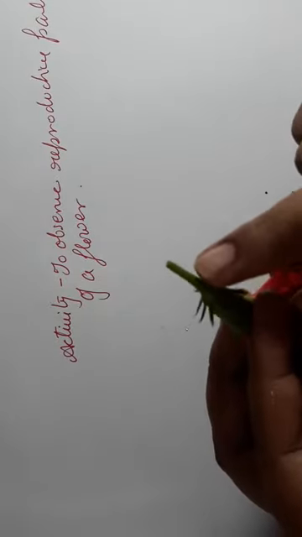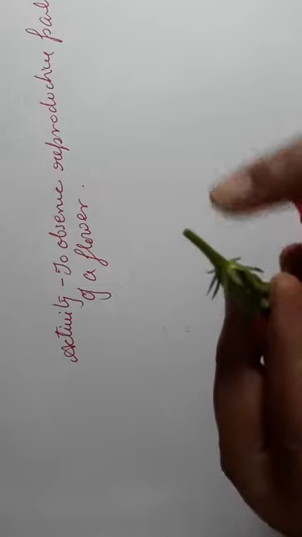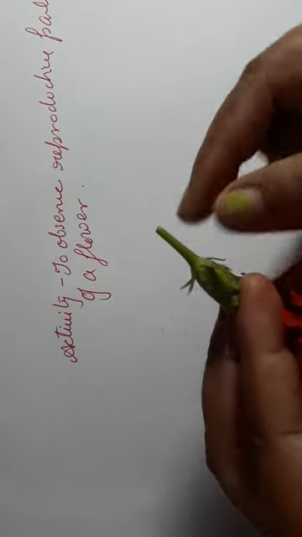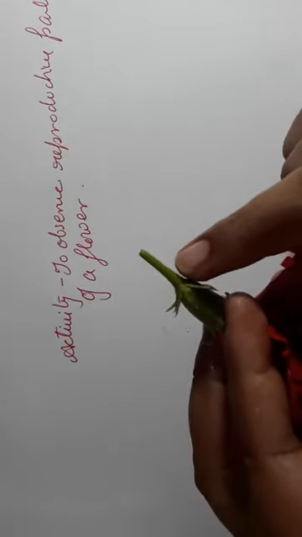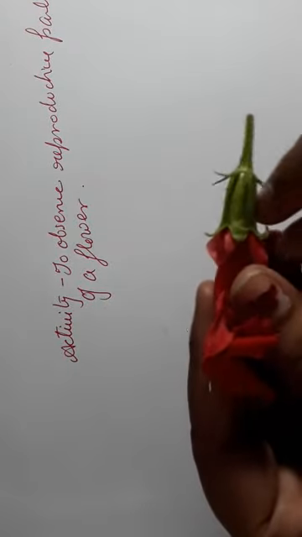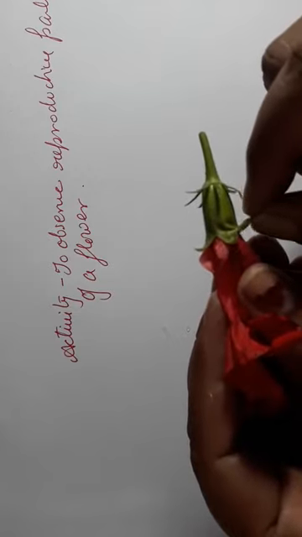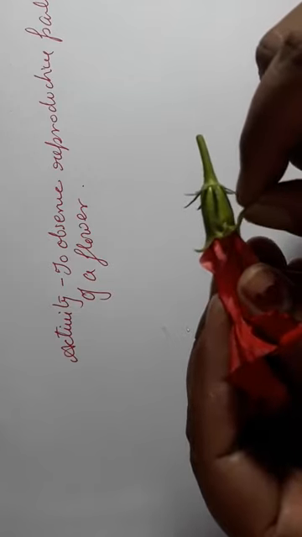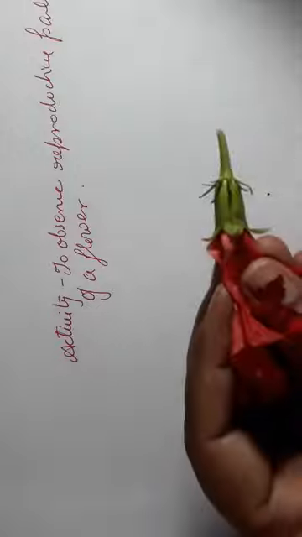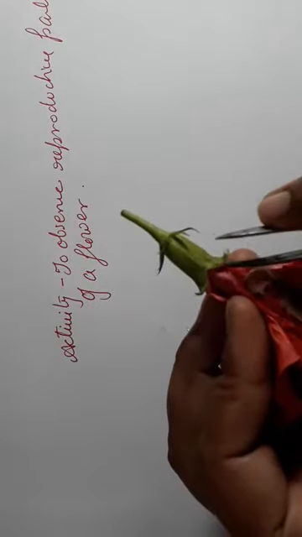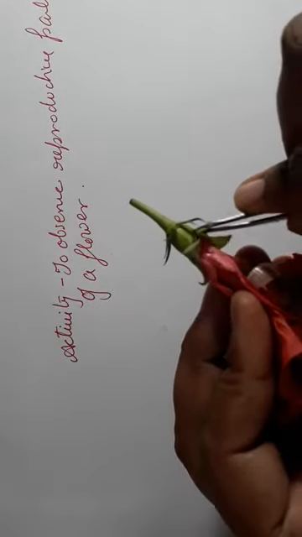Okay, so this is the flower. I have told you that the part by which it is attached to the stalk is called the pedicel. Now you can see these green leafy structures. These are the sepals. I'm going to remove these sepals with the help of a forceps.